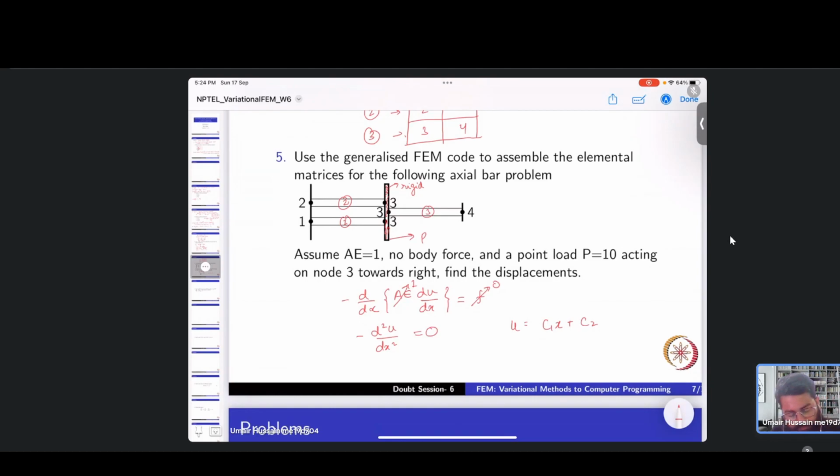So now, first we get the weak form. Simply, we'll write this form for any element x1 to x2.